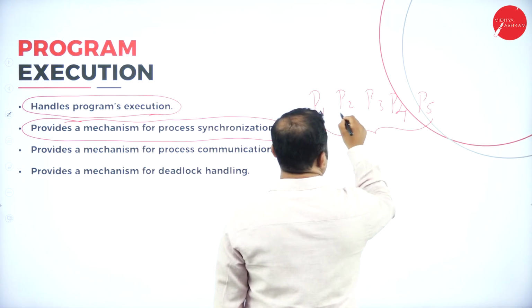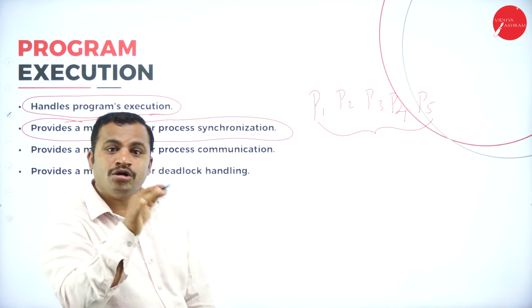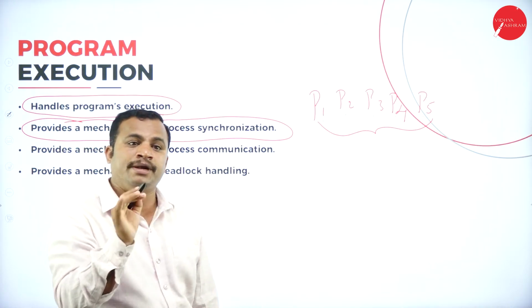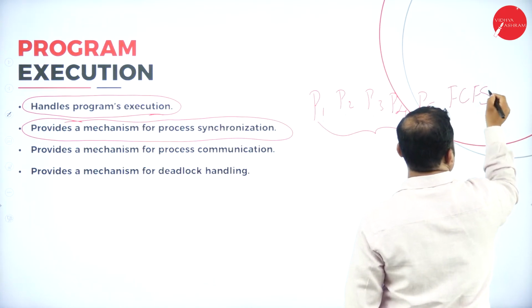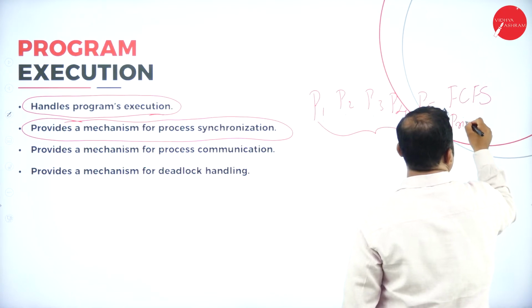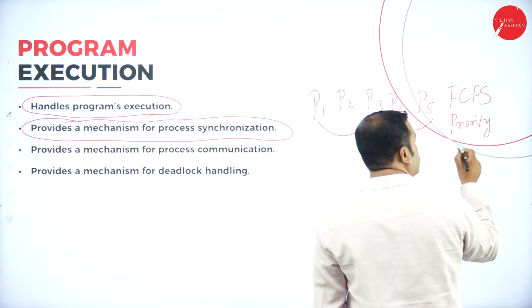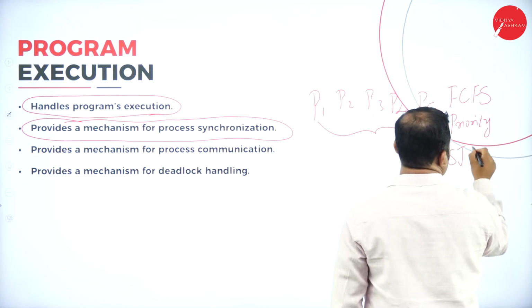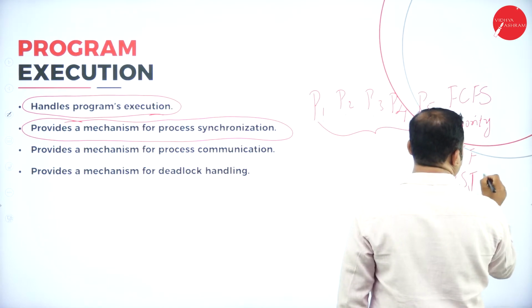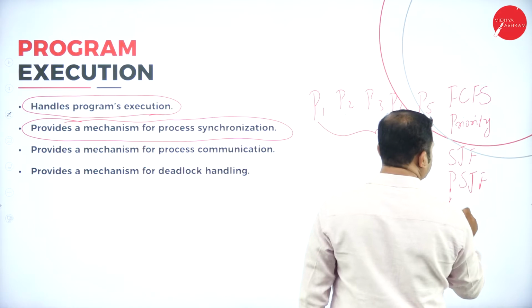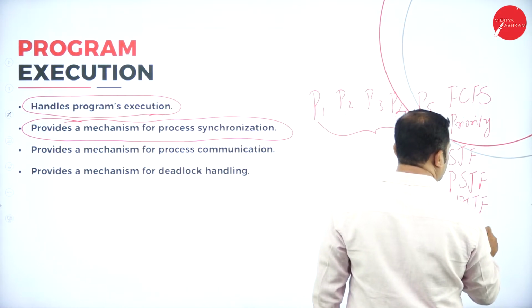P1, P2, P3, P4, P5 must be executed according to the scheduling algorithm which we have in the operating system. The scheduling algorithm may be first come first serve, priority scheduling, shortest job first scheduling, preemptive shortest job first, non-preemptive shortest job first, or round robin scheduling.